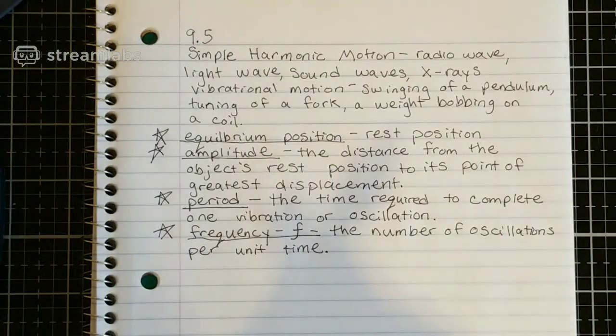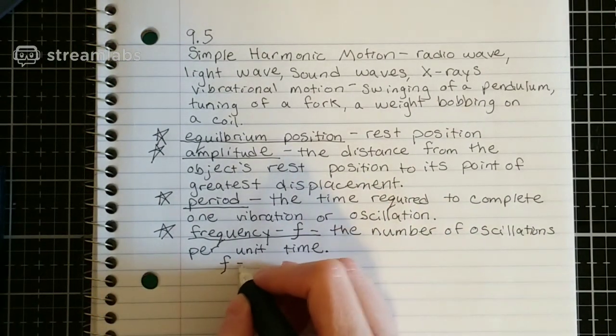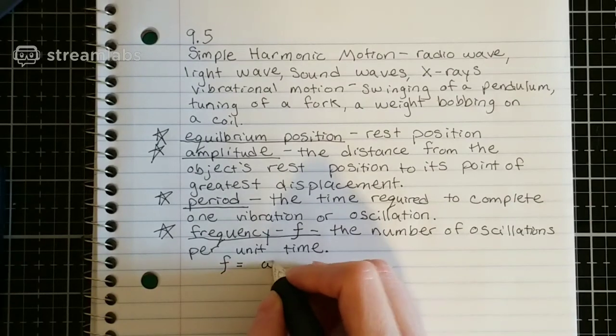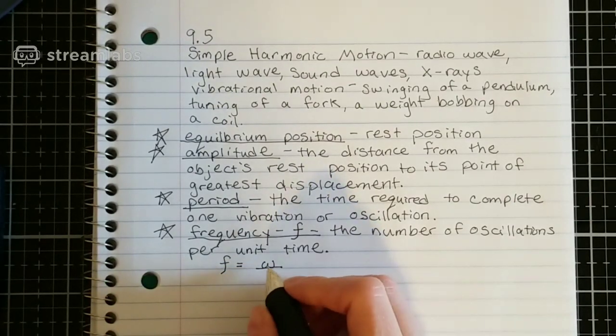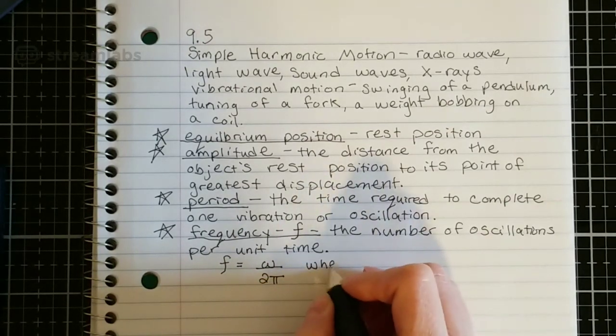Okay, and then this has an equation, so frequency is equal to W divided by 2 pi, where W is greater than 0.